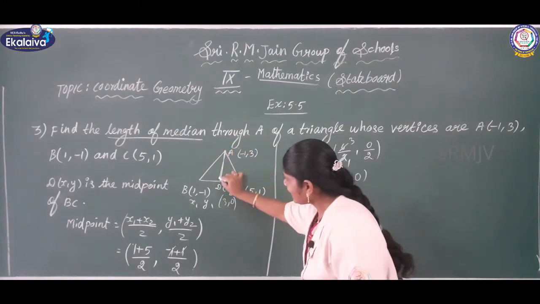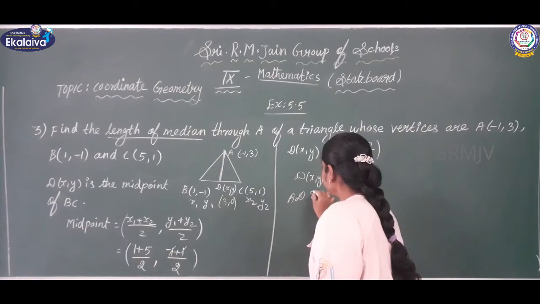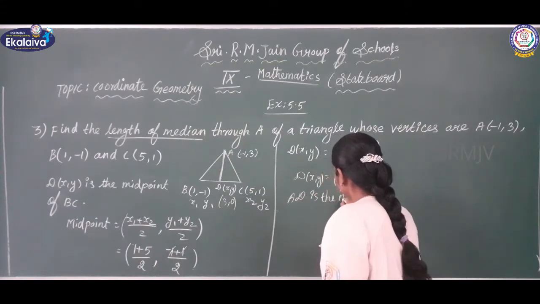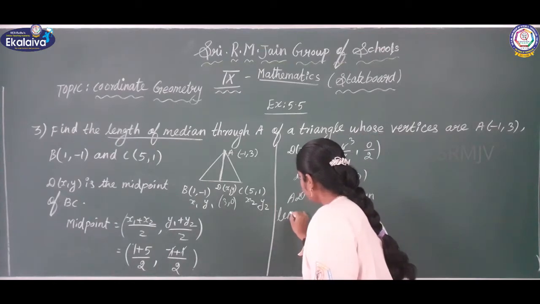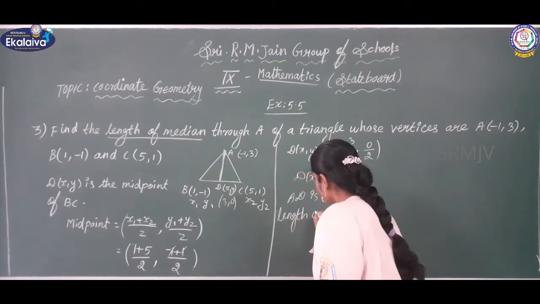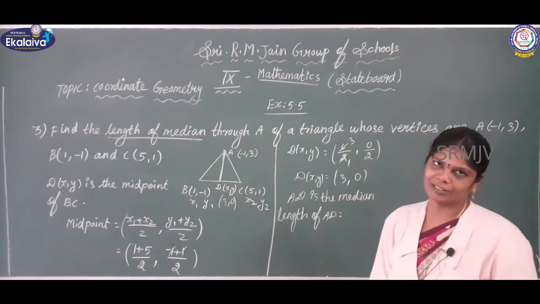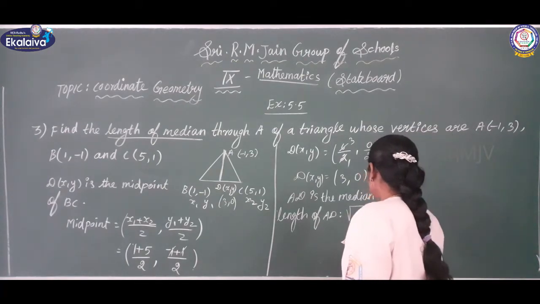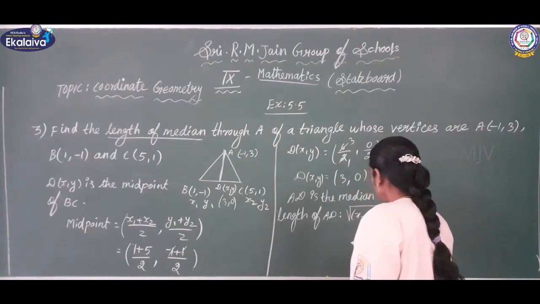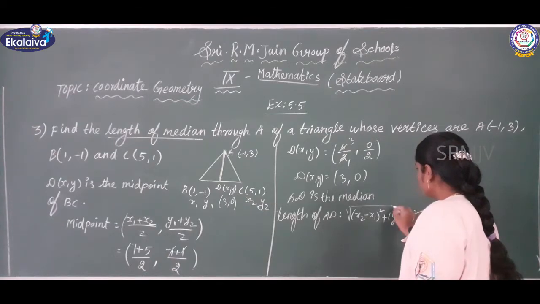Here the median is AD. So length of AD equal to, here we are going to use the distance formula. Finding the length we are going to use distance formula. So distance formula, root of x2 minus x1 the whole square plus y2 minus y1 the whole square.